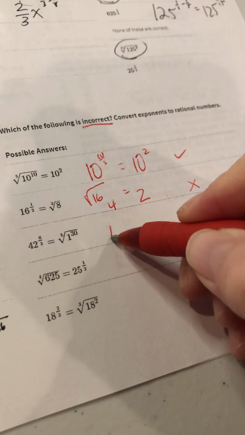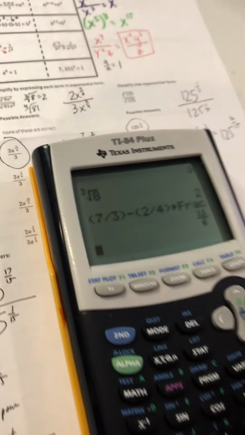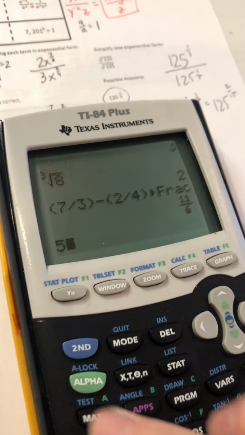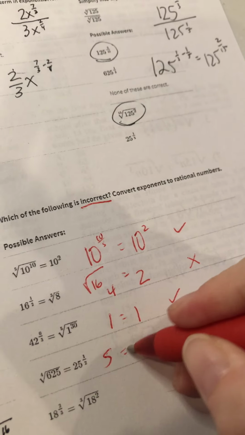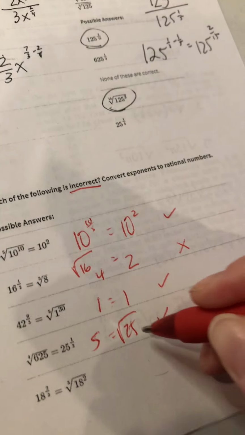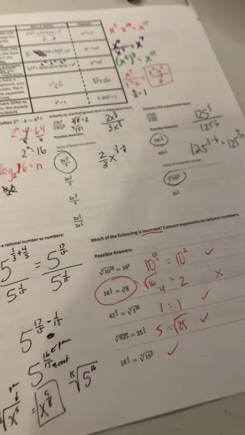Anything to the 0 is 1, and then the 5th root of 1 to the, that would be fun to put in. 5 math 5, 1 to the 30th. No matter what, it's still going to be 1. So that one's correct. The 4th root of 625, so 4 math 5 of 625, that's 5. And then we know that 1/2 means the square root of 25, and so the square root of 25 is 5, so that works, and that's just a rewrite. So yeah, that's the only one that's wrong.